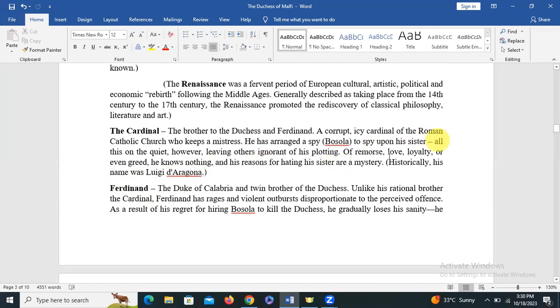This was about his character. Overall, if we analyze his character, he is a kind of cruel person, as I told you in the last lecture, not positive but kind of negative.